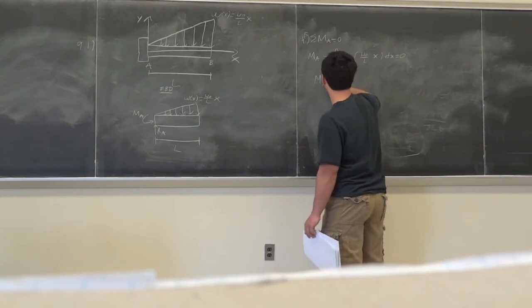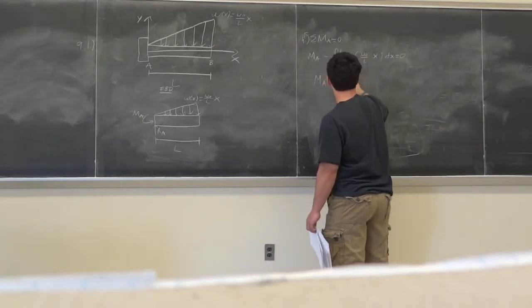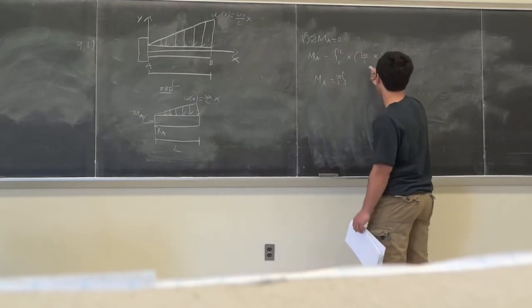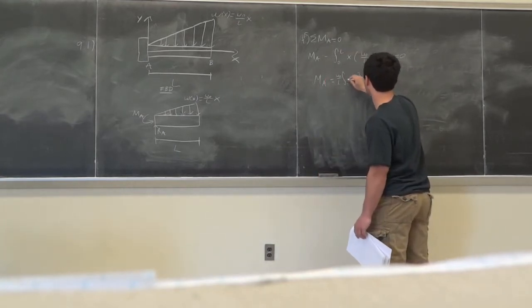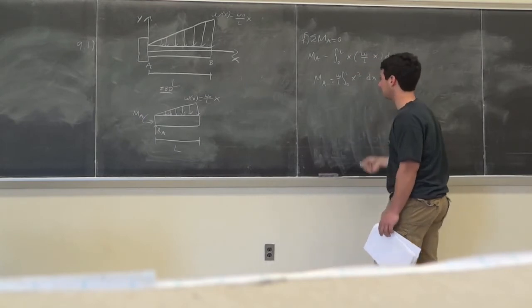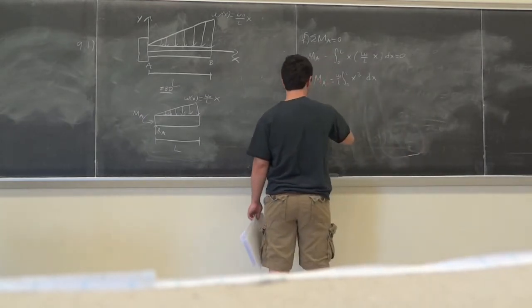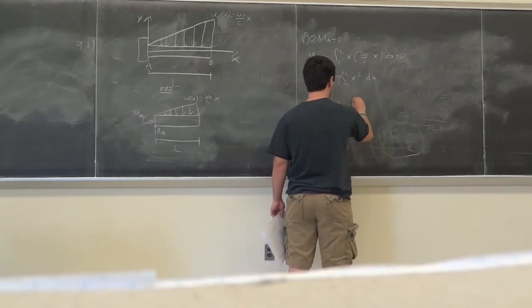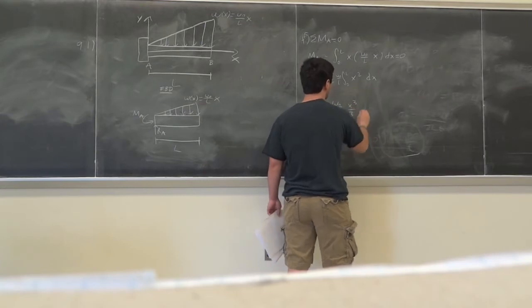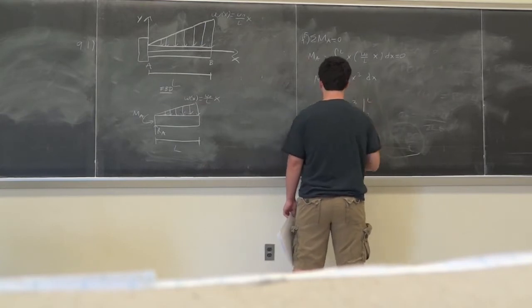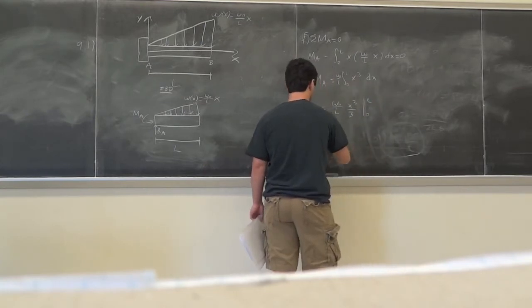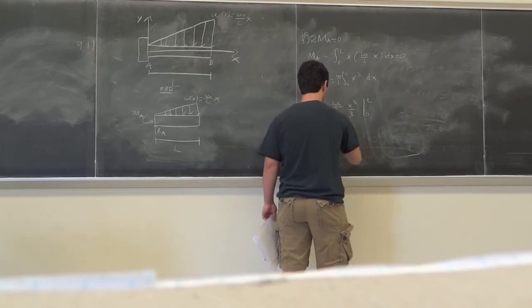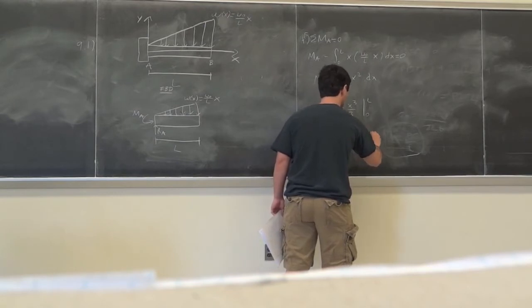So MA is equal to the integral. Remember, W naught over L is a constant, so that comes out. And you have x squared, it goes from 0 to L dx. So MA is equal to W naught over L x cubed over 3, evaluated from 0 to L. So MA is equal to W naught over 3L multiplied by L cubed minus 0 cubed.